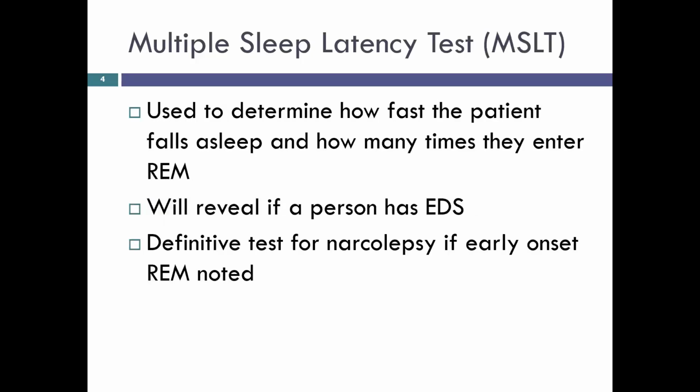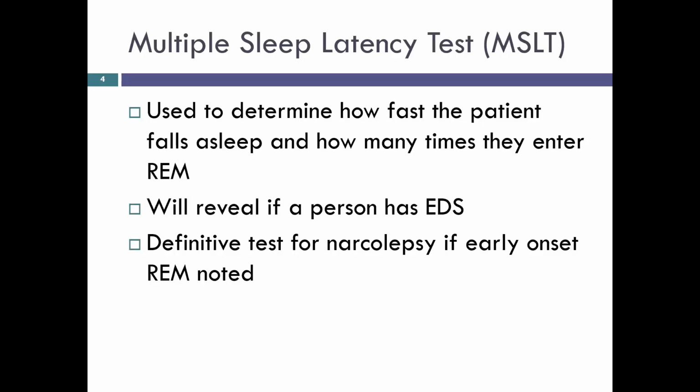So the MSLT looks to see how fast the patient falls asleep, and if they enter REM, how many times they do across all those series of naps. And it ultimately tells us if the patient does have excessive daytime sleepiness. It is the definitive test for narcolepsy if we see REM.